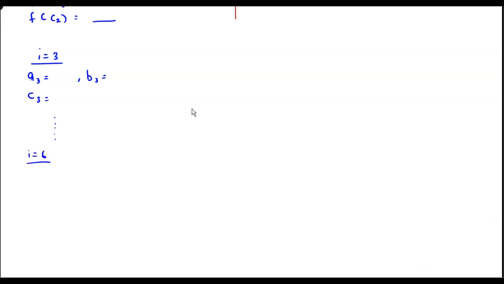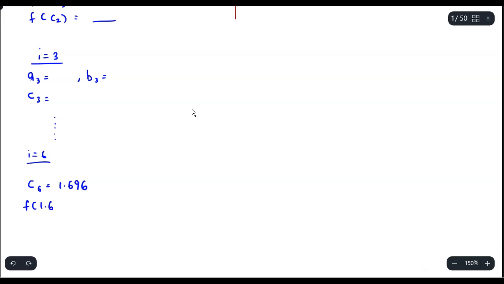At i equals 6, you will get your C6, which is 1.696, and the corresponding F(1.696) is 0.002.